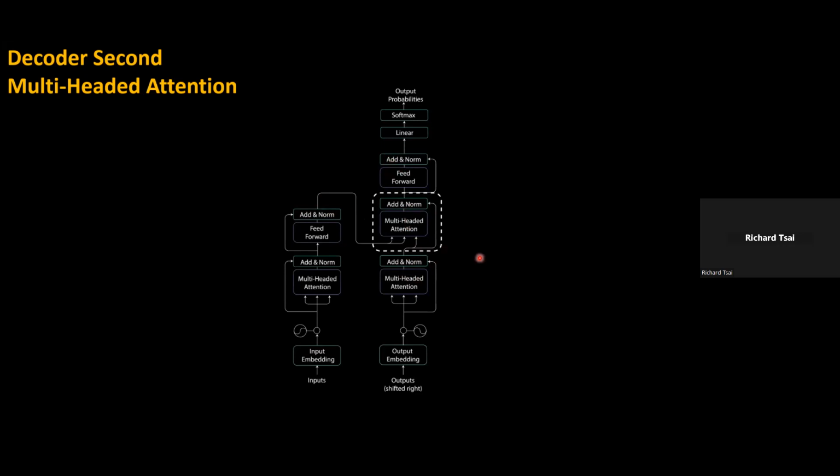I will explain it more after this picture. The interaction allows the decoder to attend to specific parts of the input sequence produced by the encoder, helping it generate meaningful output tokens based on the information from both sources.